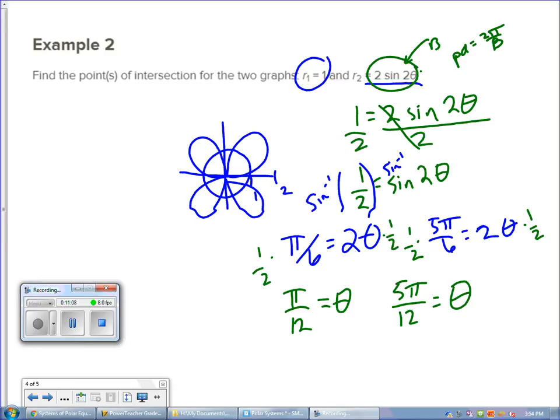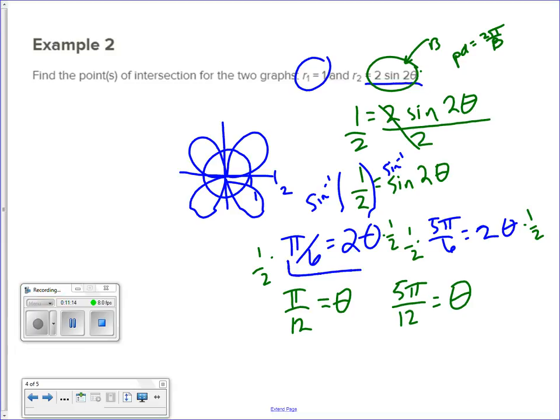So we don't have all of our answers. So what we can do is we can go back to this step here. We know that pi over 6 equals 2 theta, but we can add 2 pi to that. So 2 whole pi's. And there we get another setup.